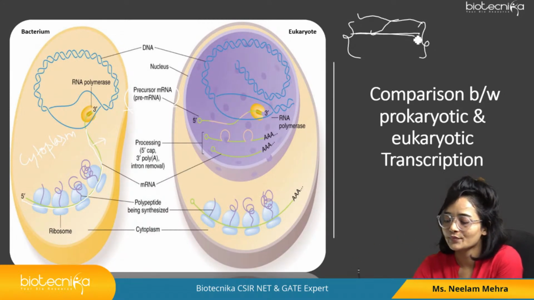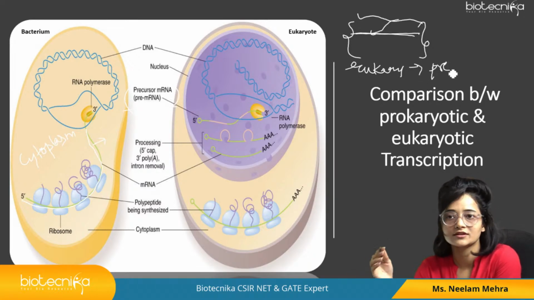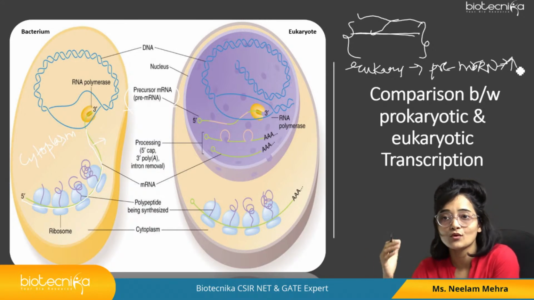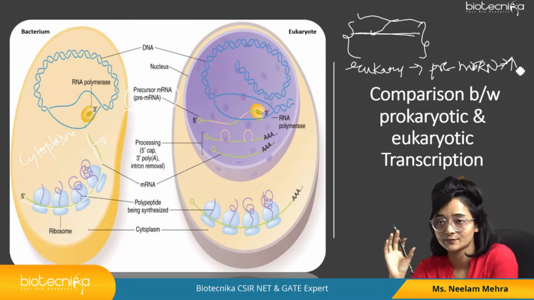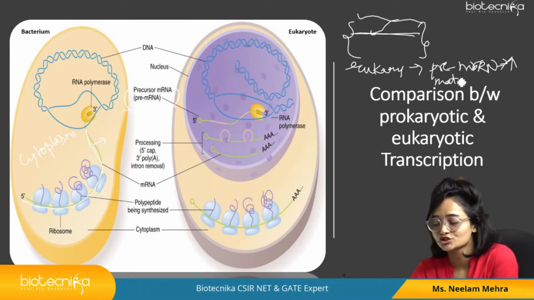But in the case of eukaryotes, the pre-mRNA formed from transcription of the DNA is quite large. After the post-transcriptional modification, the mature mRNA that is formed is of shorter length, right?